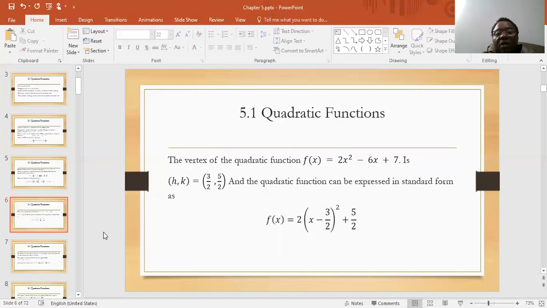So if we want to rewrite the quadratic function 2x squared minus 6x plus 7 in standard form, we will write it as f of x equals 2 times x minus 3 over 2 squared plus 5 over 2.